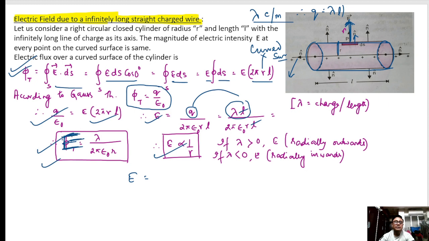Please note here, this is the electric field due to a straight long infinite wire. So it is inversely proportional to r. Now if lambda is positive, that means the wire is charged positive, the electric field is radially outwards, and if lambda is negative, that means you have charged negatively on the wire, so the electric field is radially inwards.